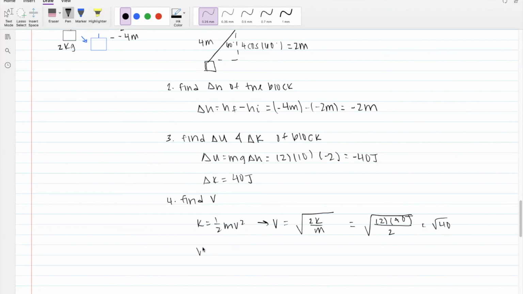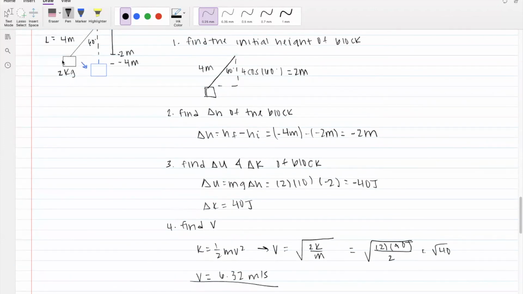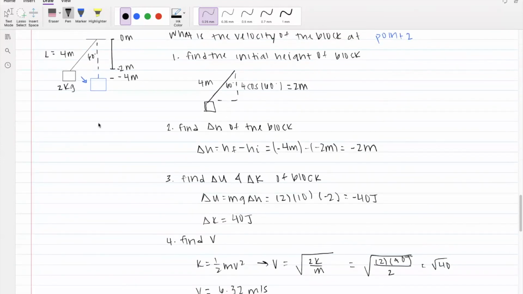So that means our velocity is equal to 6.32 meters per second. So by the time that this ball drops to its minimum point, its velocity is equal to 6.32 meters per second.